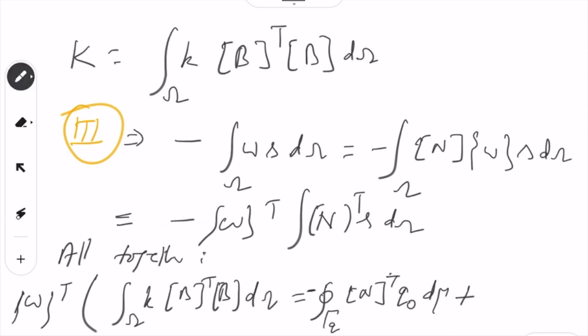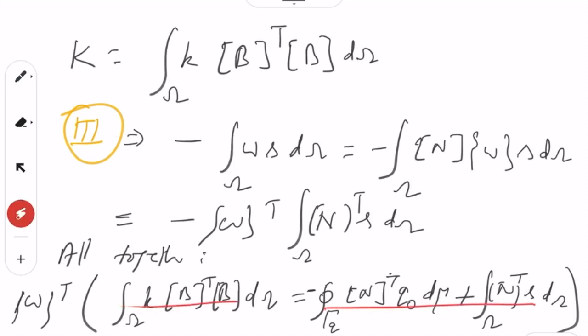So we have plus here, and then this is for omega n transpose s d omega, this one. So this equal to this. This W is arbitrary, hence we get this equal to simply this one.